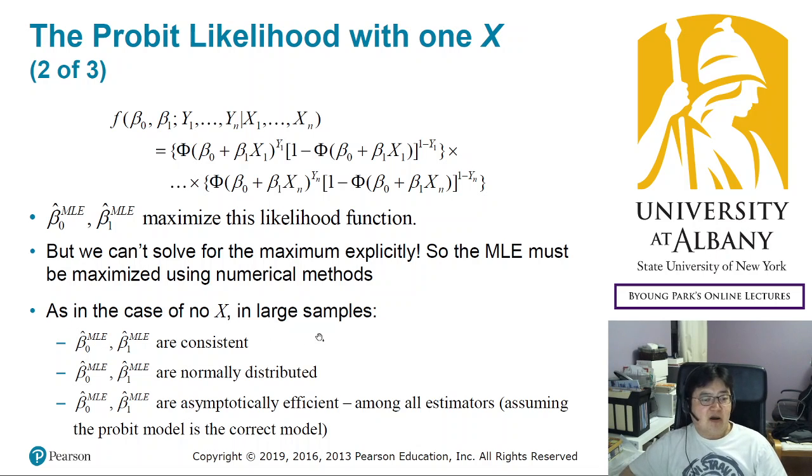So in the large sample, if the sample size is large enough, these MLE estimators are consistent. They will converge to the true parameter as the sample size goes to infinity. And they are normally distributed. The sampling distribution is approximately normal as n goes to infinity, and they are efficient. This is a really strong outcome.